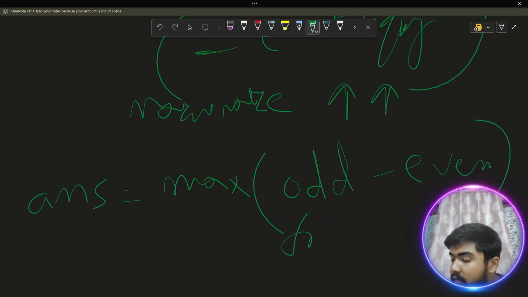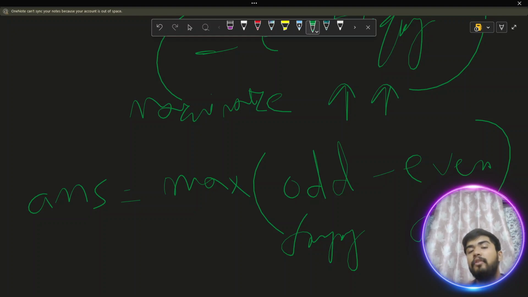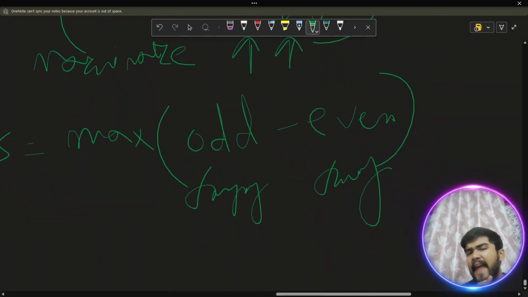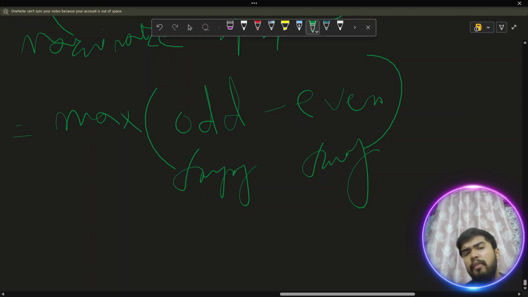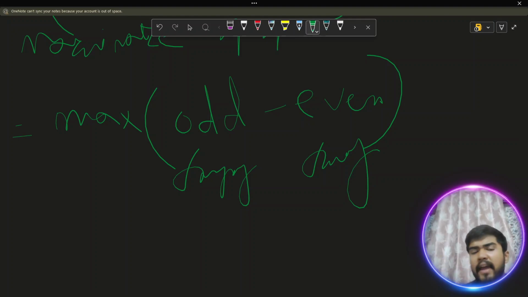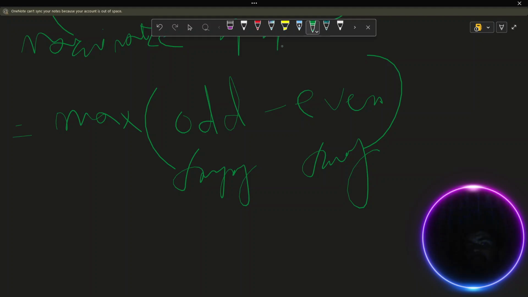So the odd frequency and even frequency, these things we need to bump up. On a very naked eye, can we compute our odd independently? So if I can try to distribute it.